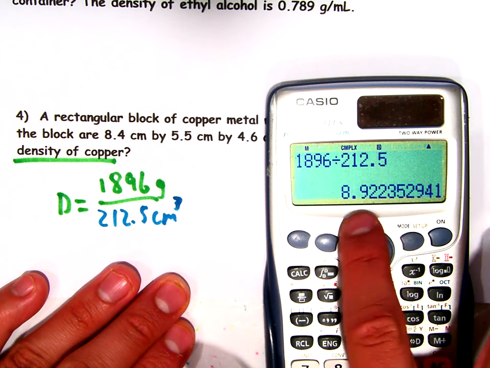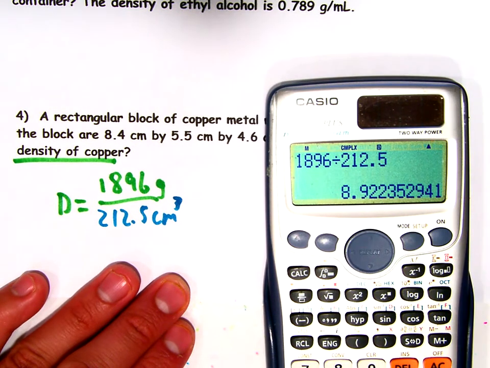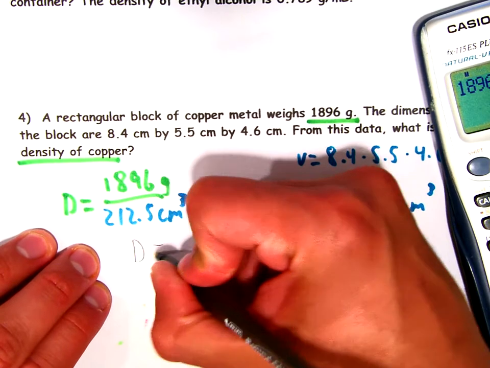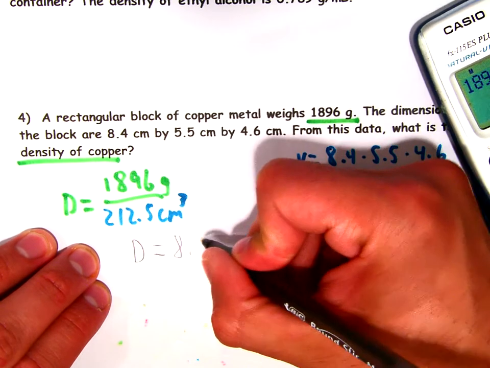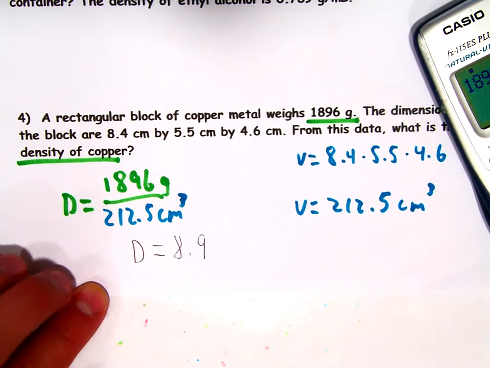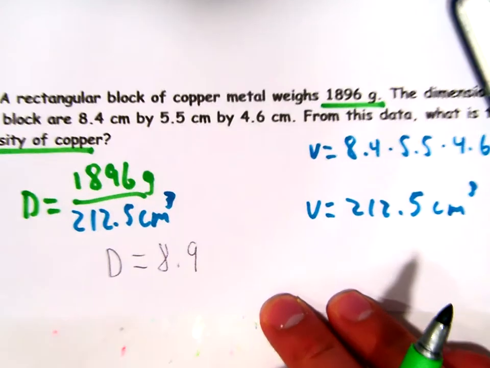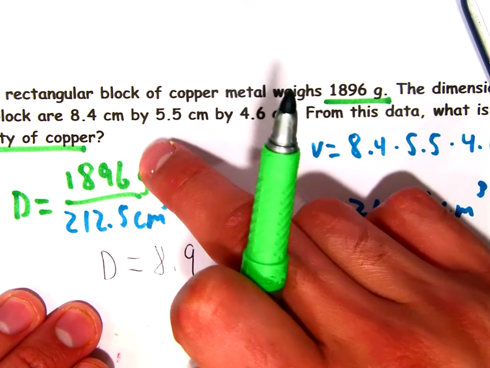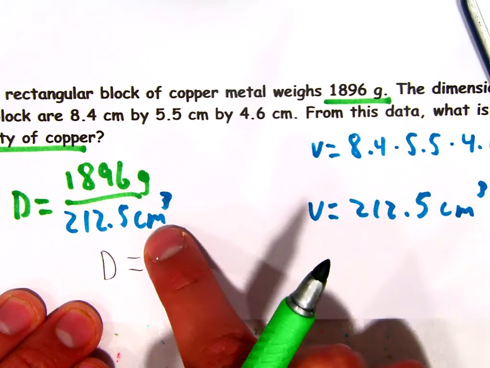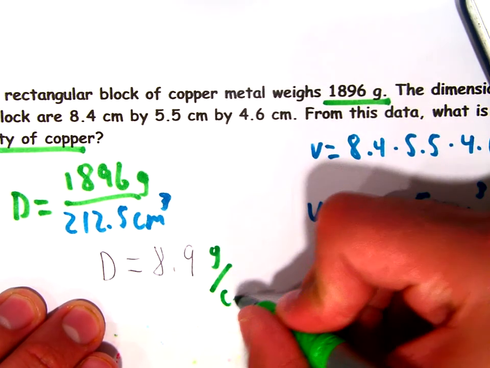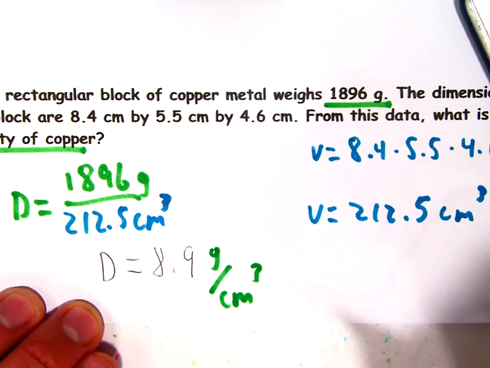If I round to the first decimal, it would be 8.9. So my density equals 8.9. What are my units? They're not going to be grams per milliliter this time because this was centimeters cubed. They're grams per centimeter cubed.